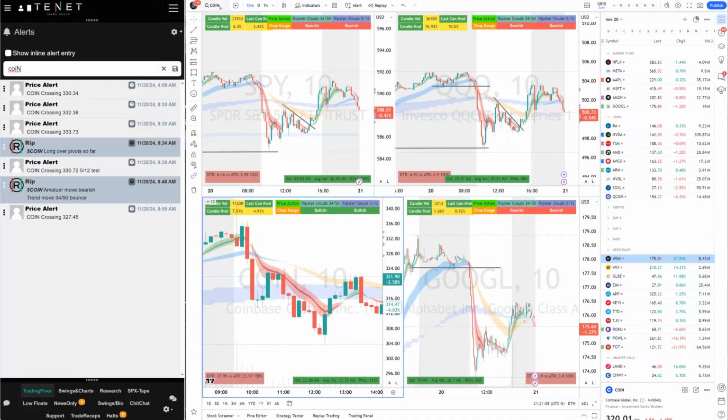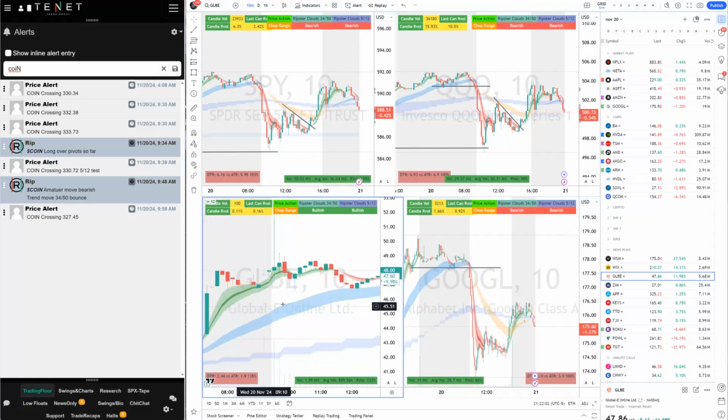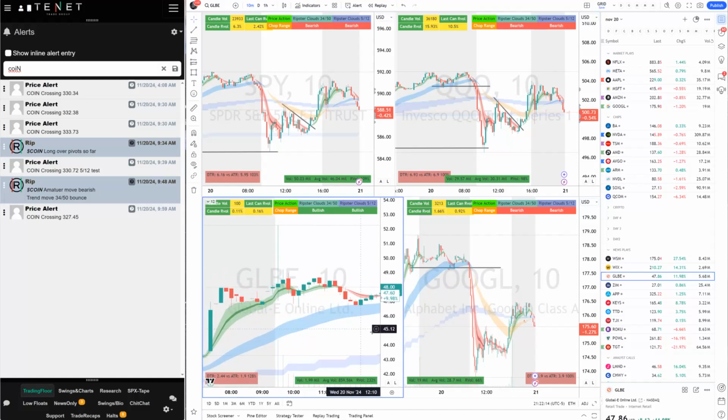All right, let's discuss another loser. That was GLB. So GLB was pullback longs, but it didn't really do anything and was breaking choppy. It was like a choppy loser. So from 49 to 47, it had a lot of range.